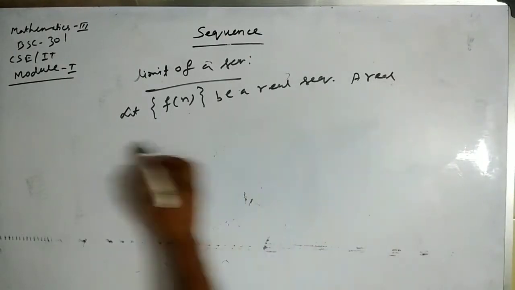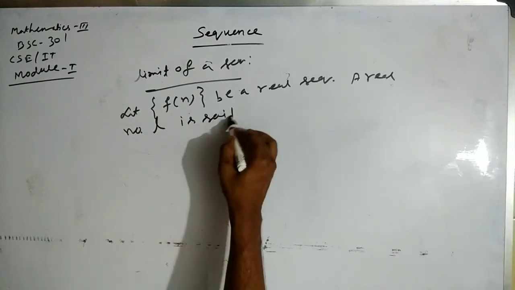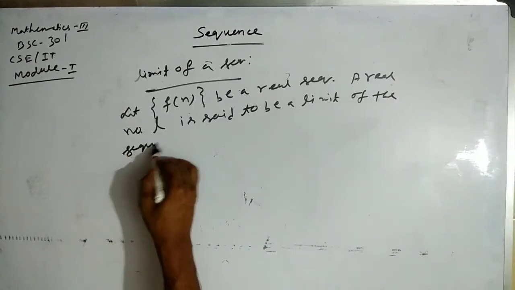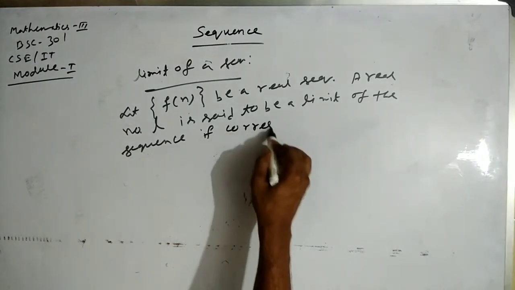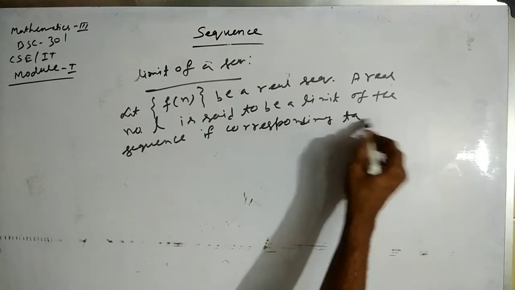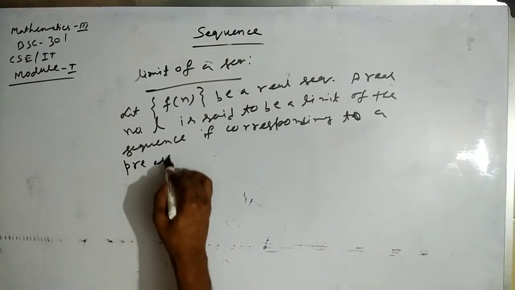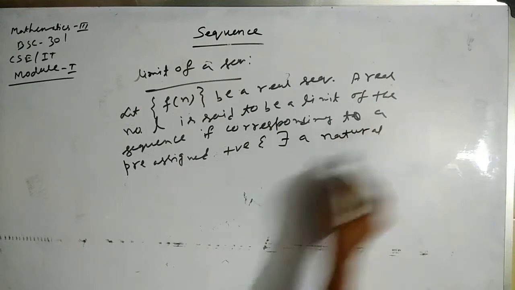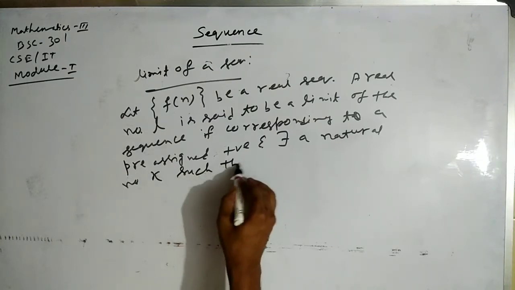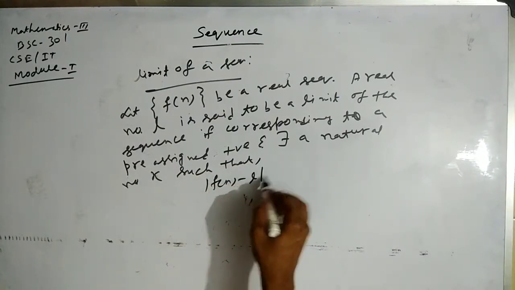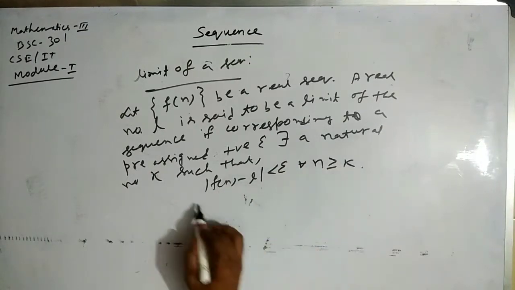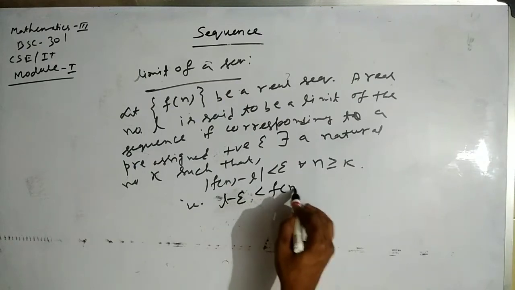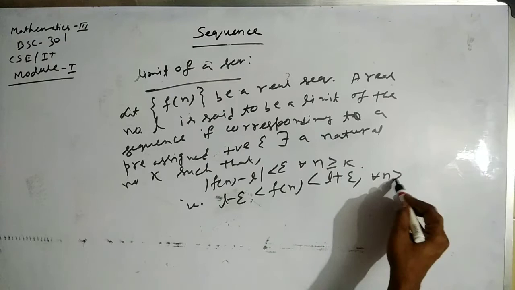A real number L is said to be a limit of the sequence if corresponding to a pre-assigned positive epsilon, there exists a natural number k such that mod of Fn minus L is less than epsilon for all n greater or equal to k, or you can say that L minus epsilon is less than Fn less than L plus epsilon for all n greater or equal to k.